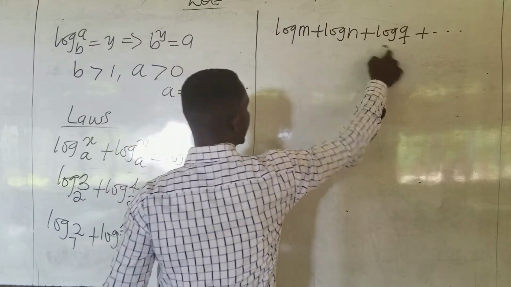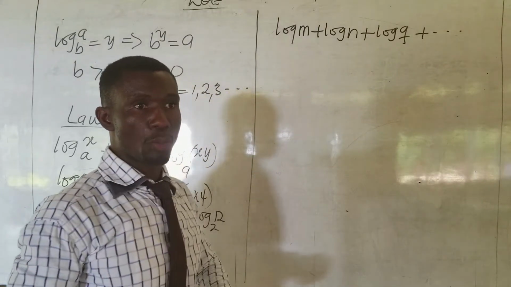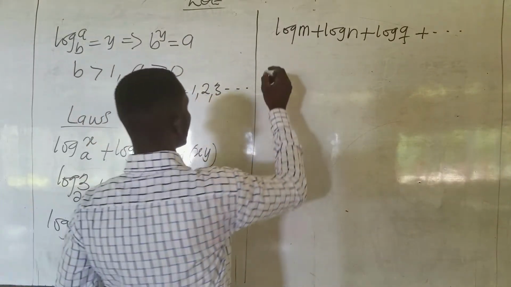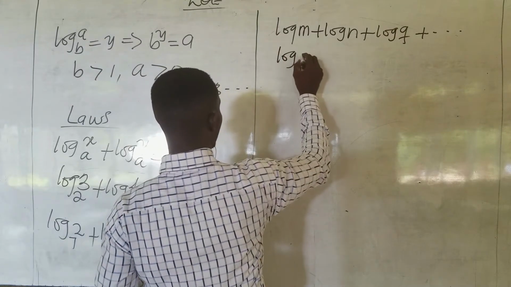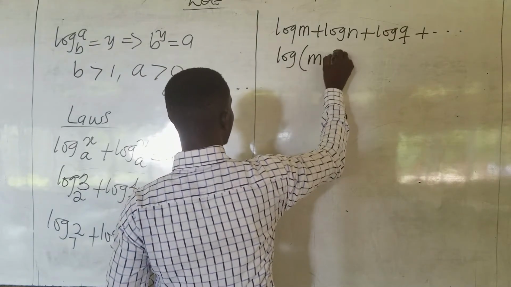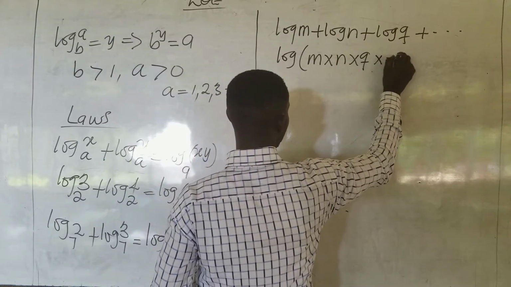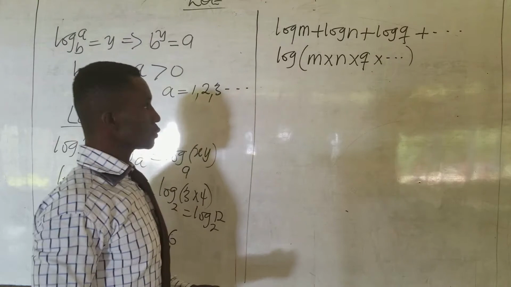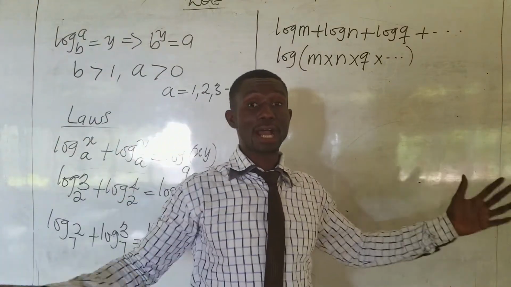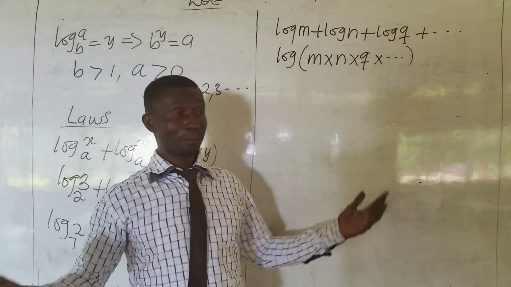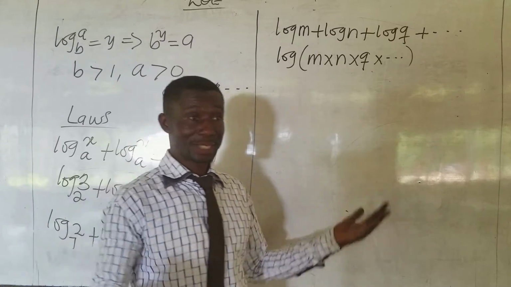The base here is 10. If the base is not written, it is common logarithm and the base is 10. So this will give you log of m times n times q times so on. Inasmuch as they are adding, you multiply them. That is what the law is saying.